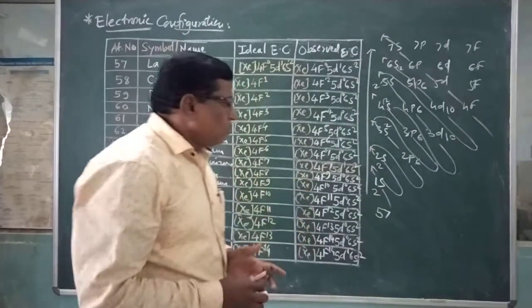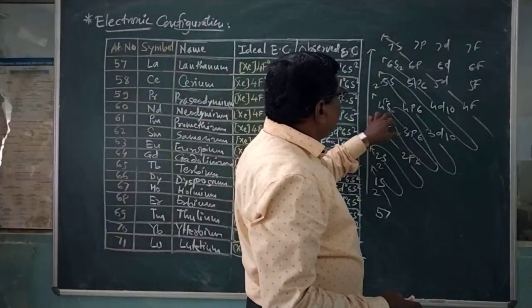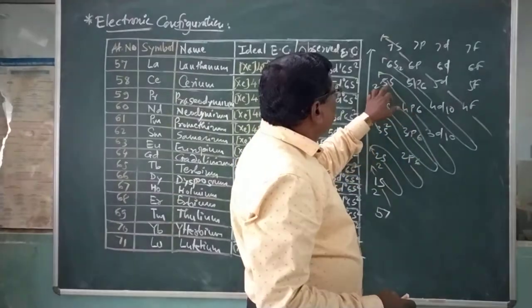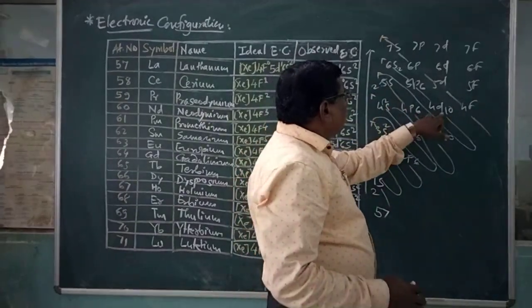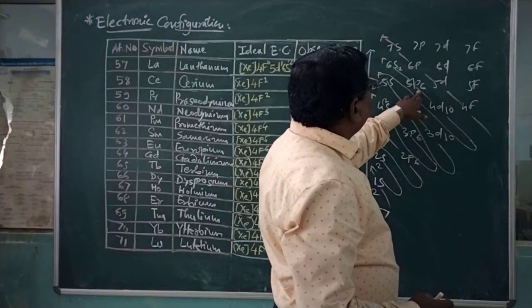You should count the electrons: 2, 4, again 10, 12, 18, 20, 30, 36, 38, 48, again this will be taken as 54.